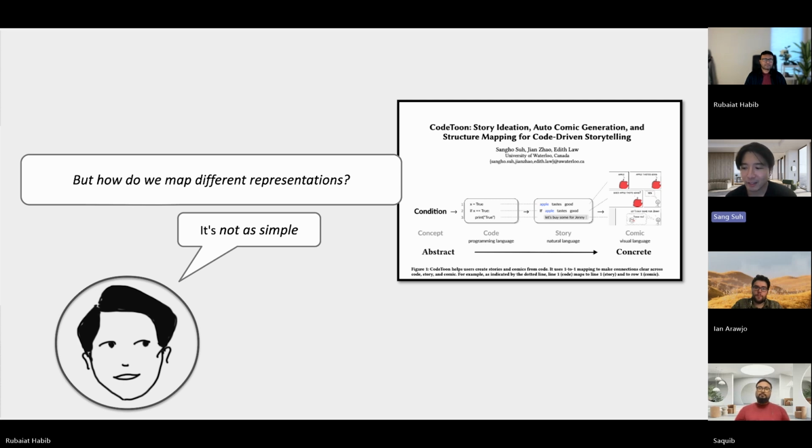And one of the things that I found really interesting, which I didn't know before starting the research, was how challenging and difficult it can be to figure out how to map one representation to another, right? So let's say you have a piece of code. How should you illustrate that in the form of comics? If you think about it, there are multiple ways to express it.